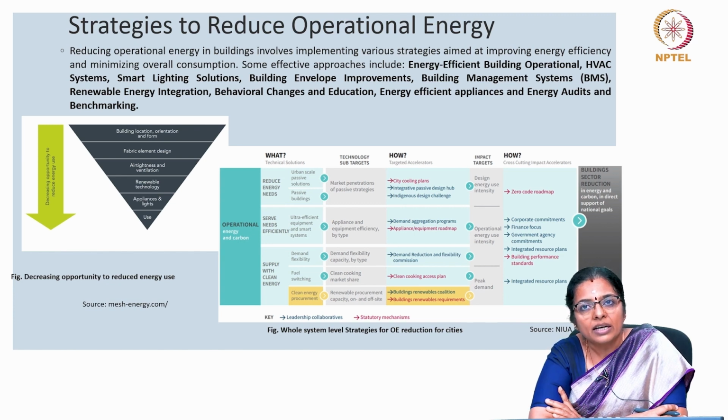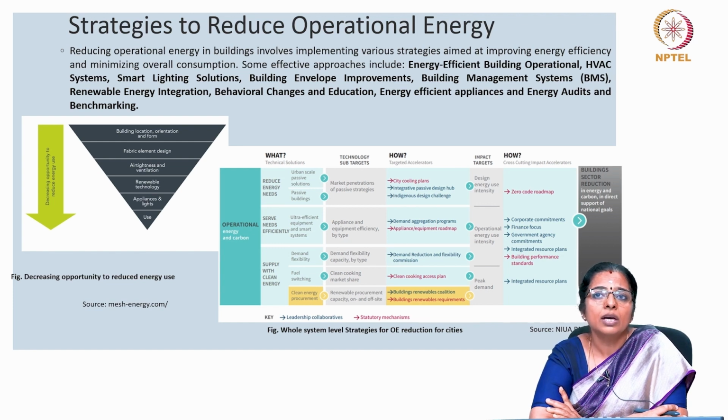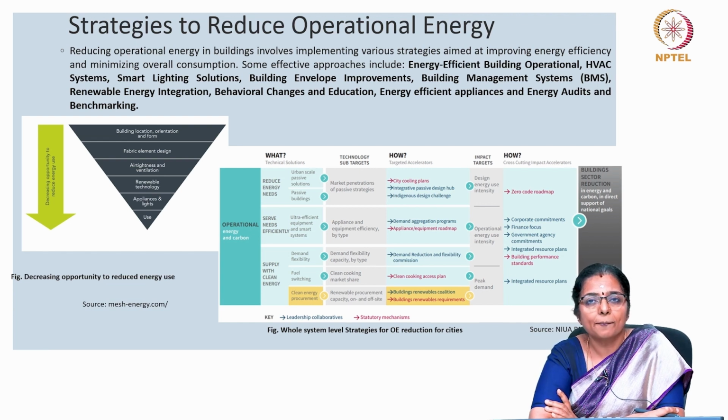So, energy efficient building operational HVAC systems, heating, ventilation and air conditioning system, smart lighting solutions, building envelope improvements, building management system, renewable energy integration, behavioral changes and education, creating an awareness amongst the users, energy efficient appliances and energy audits with no specific benchmarking.